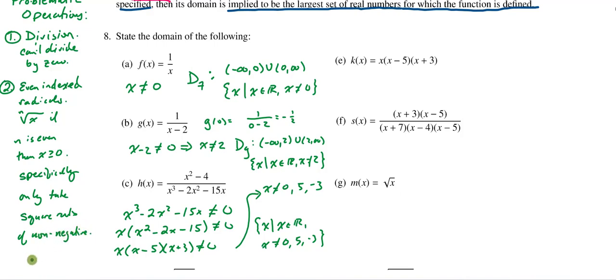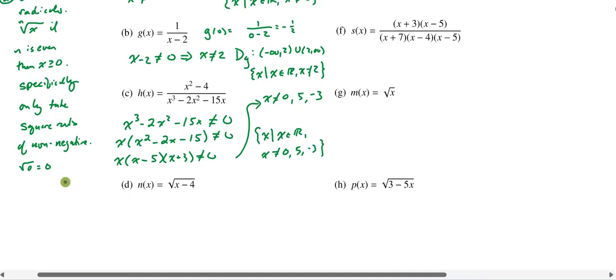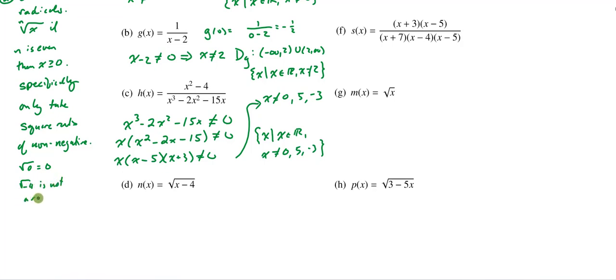Now careful, can you take the square root of 0? Yes, you can. The square root of 0 is 0. What you cannot do is discuss the square root of minus 4. This is not a real number. So currently in this class, we're just working with the real number system, and we cannot, in the real number system, discuss the square root of a negative number.